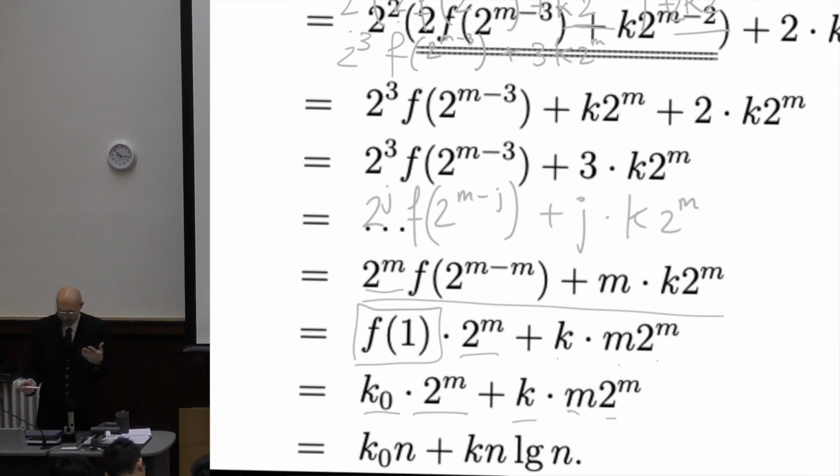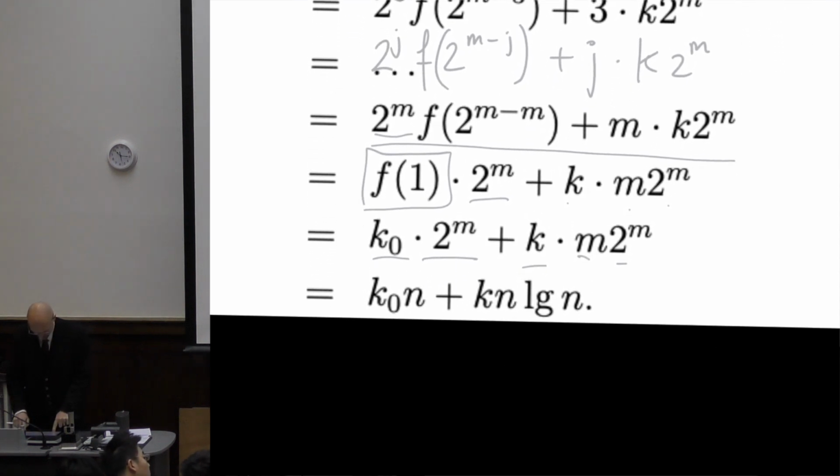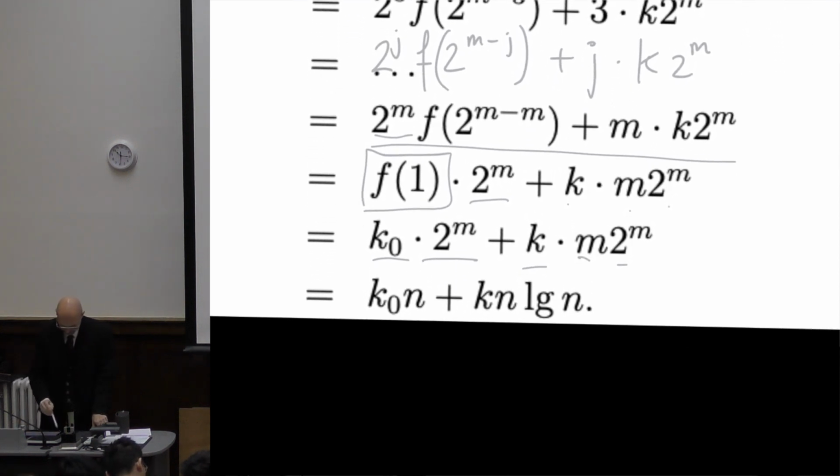Now I remember that I had set 2 to the m to be n, and so therefore m is the log base 2 of n, and so this is actually equal to n over here and n over here and n over here, and this one is log n. So I end up with some constant times n, some constant times n log n, which in the asymptotic complexity notation is theta of n log n.